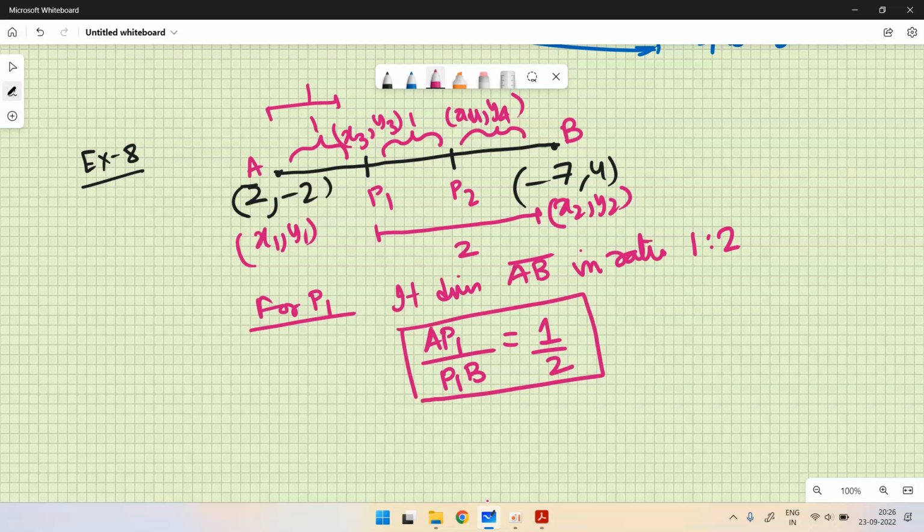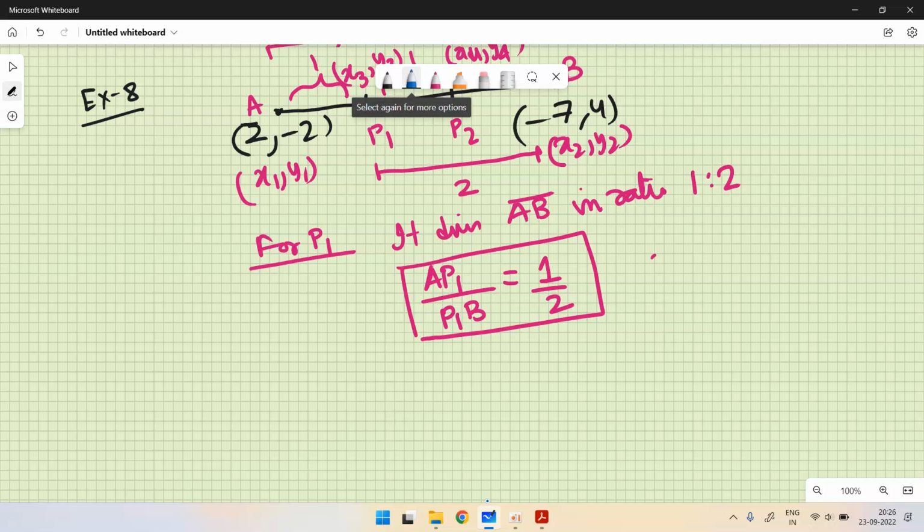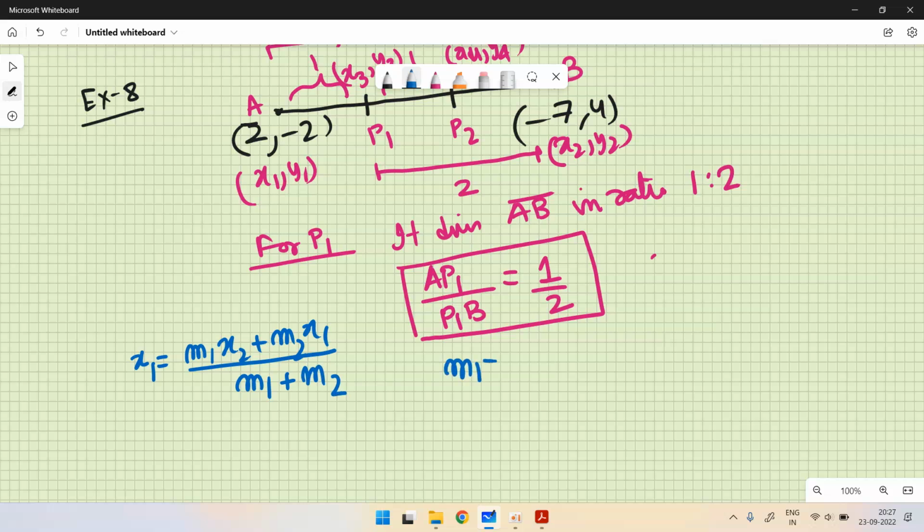For this condition, considering only the P1 part, what I can write is x equals m1 x2 plus m2 x1 by m1 plus m2. Now what is m1? From the figure, m1 is 1, m2 is 2.